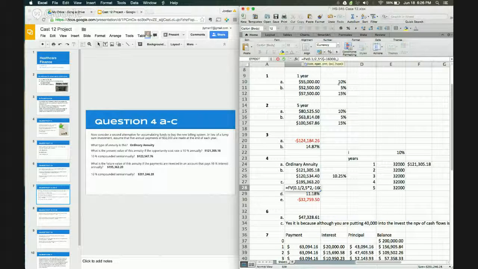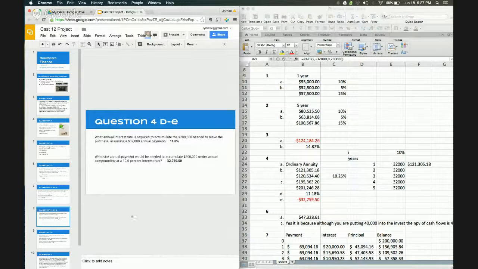This allows us to do the semi-annual compounding within this formula, and it will give the correct answer. As you can see, the future value is going to be $201,246.28.